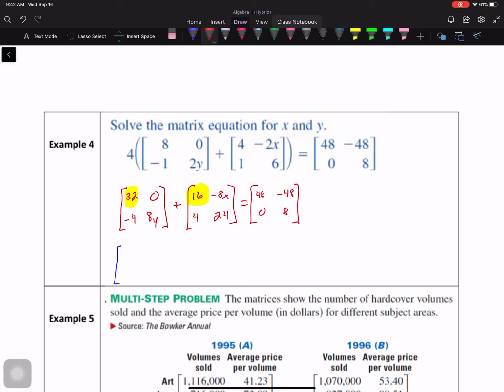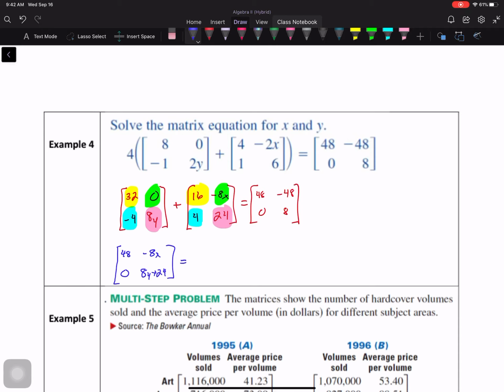My apologies. 32 plus 16 is 48. 48, yep. 0 plus negative 8x is negative 8x. That came from right there. Negative 4 plus 4 is 0. And 8y plus 24 is just 8y plus 24. You can't actually add them together.